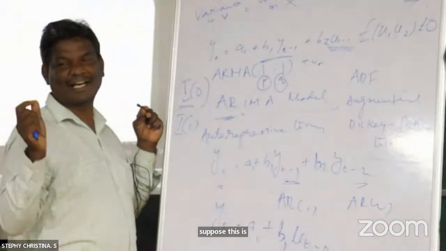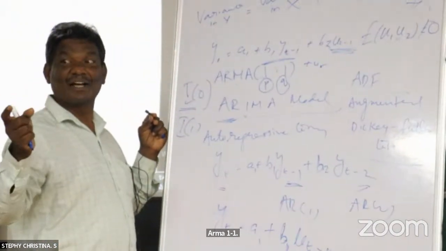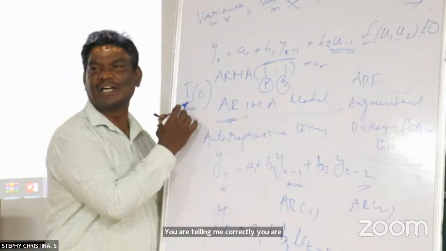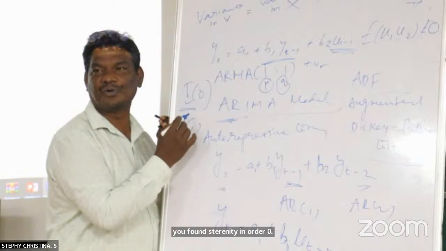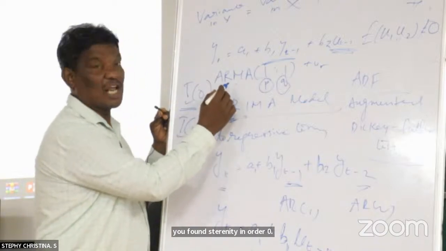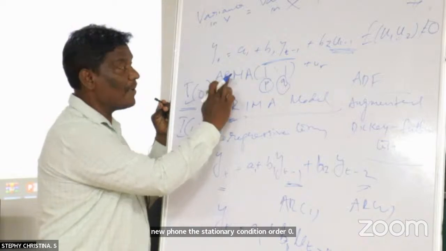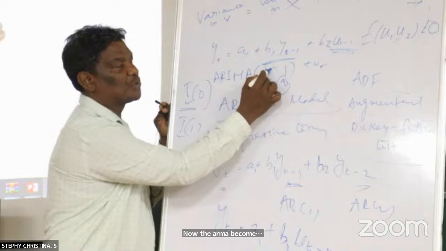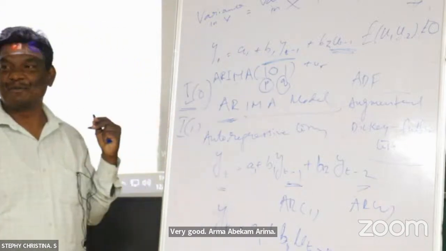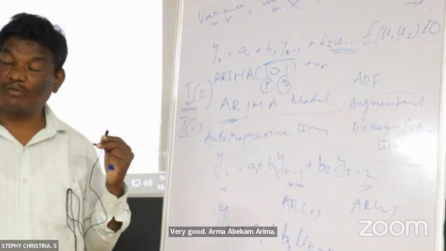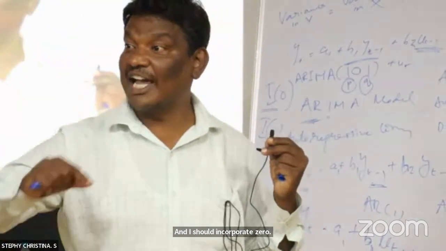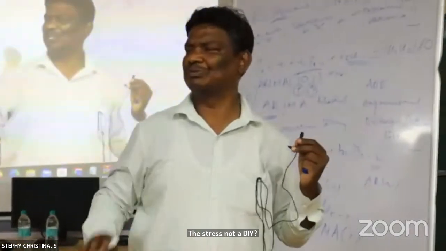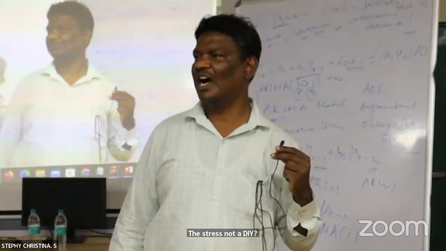Tell me correctly, you found stationarity at order 0. Now the ARIMA becomes ARIMA with I incorporated as 0, based on the condition of stationarity at level 0, I of 0.